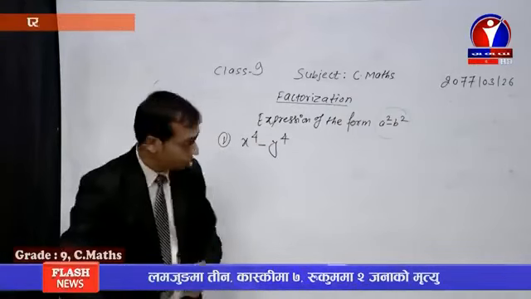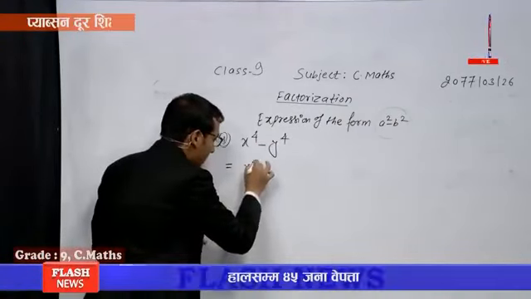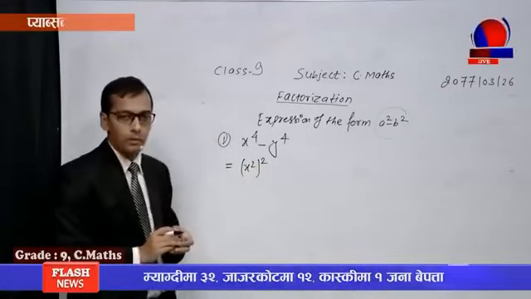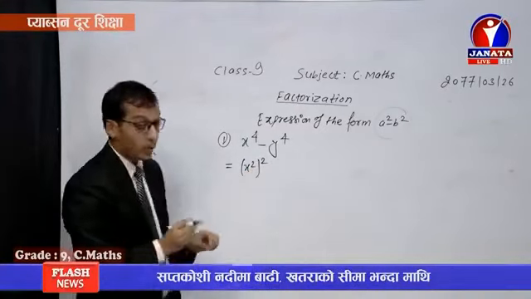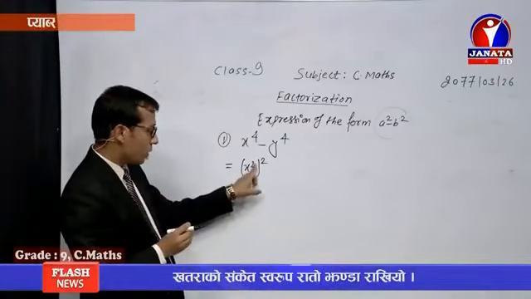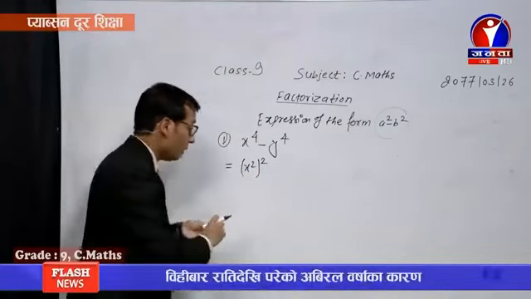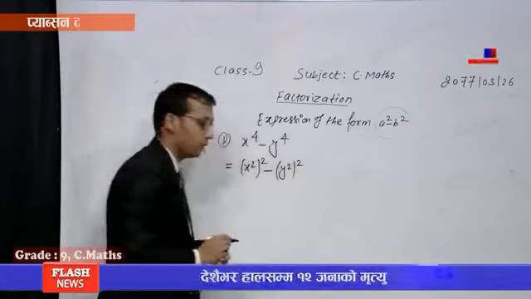Let's see how we can transform this. Can we rewrite x to the power 4 as x square whole square? Because if we multiply the exponents, 2 times 2 is 4. We obtain x square whole square minus y square whole square.